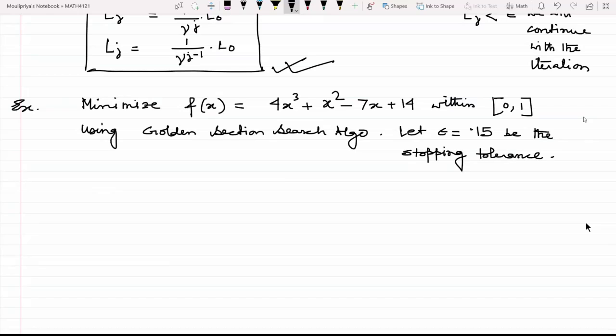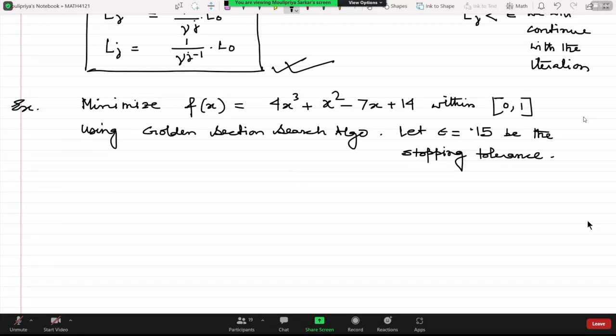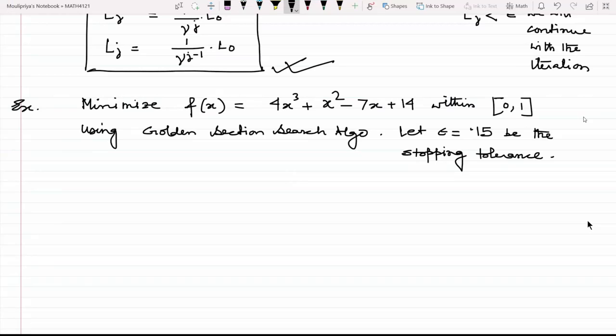That implies until and unless the interval of uncertainty is less than 0.15, we have to carry on with the iteration. So let's get started.